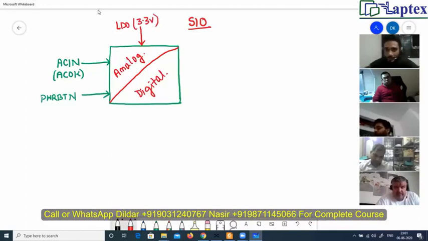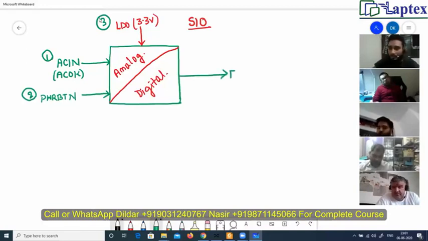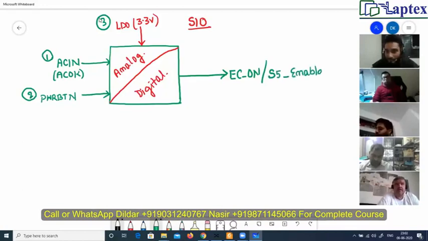Right? When these three supplies are met, then you will get a signal called EC on, or you also call it S5 enable. Okay.